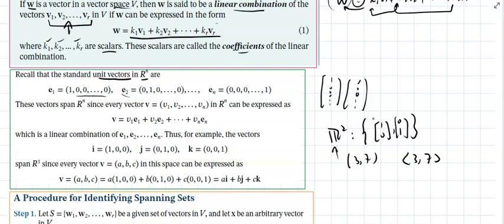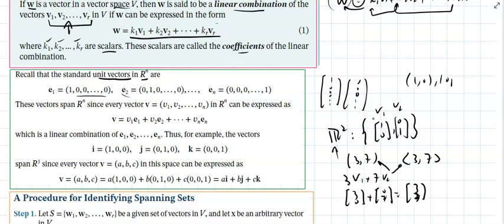Call this V1, call this V2. Take 3V1 plus 7V2. That will give you that point, or the vector. That will be (3, 0) plus (0, 7), which is (3, 7) if it's a vector, and if it's a point, make it a point. Multiply (1, 0) by 3, and (0, 1) by 7, and add them. There it is.